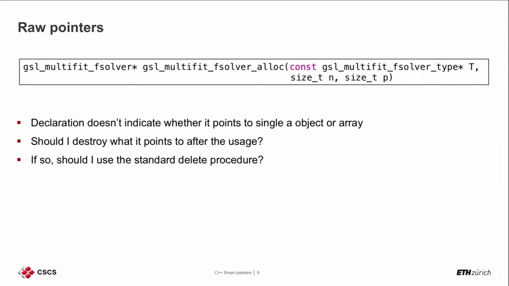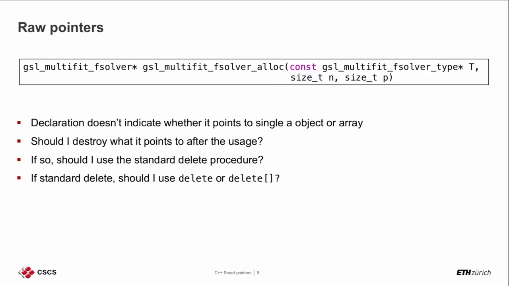Assuming that you are in charge of this delete procedure, so that you have to manage this memory release, then you don't know if you have to just make a call to delete the pointer, or maybe there is a special release function that must be used, that is maybe provided by the library itself.